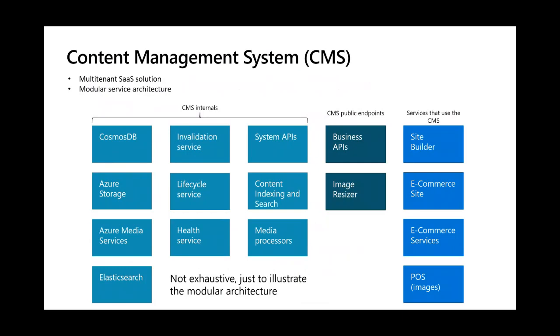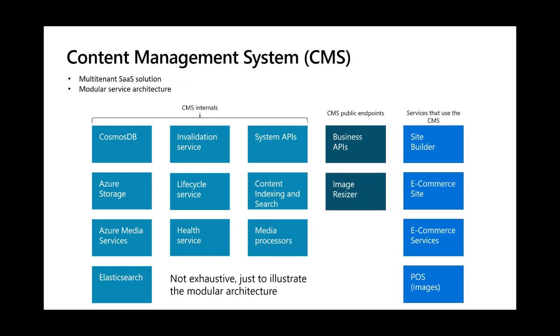You can see a block diagram here. It's not exhaustive. It's a simplified view. I will be talking about the different columns and different blocks here. The content management system is a multi-tenant software as a service solution.